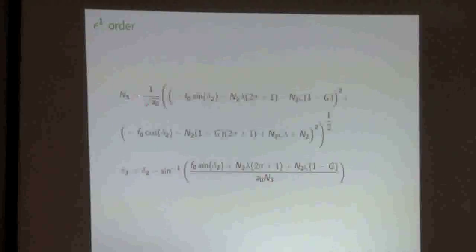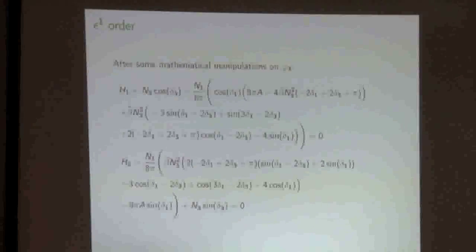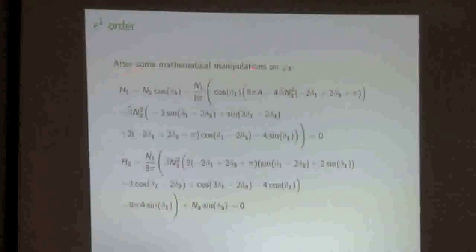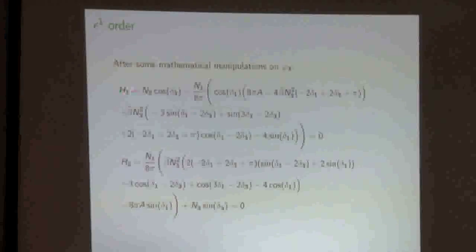So you see it depends on delta 2 and N2, and it is the only thing. Here you have delta 3 versus delta 2, N2 and N3, but it's only a function of delta 2 and N2. And after some manipulation, we have functions H1 and H2, depending on N3, N1, delta 1, delta 3.